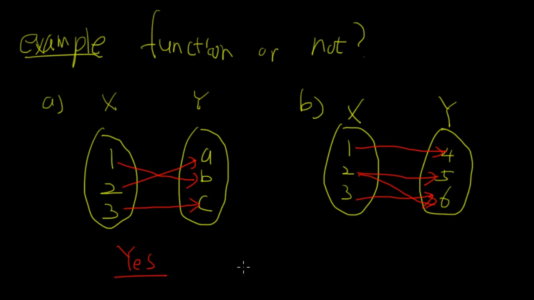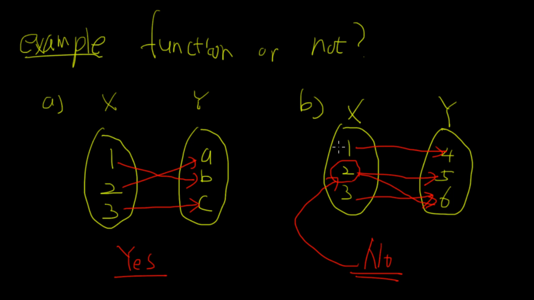Now, does this describe a function? Answer is no, of course not. Why not? Because of these 2. There are 2 lines coming from one element of x. So if that's the case, this is not going to be a function anymore.